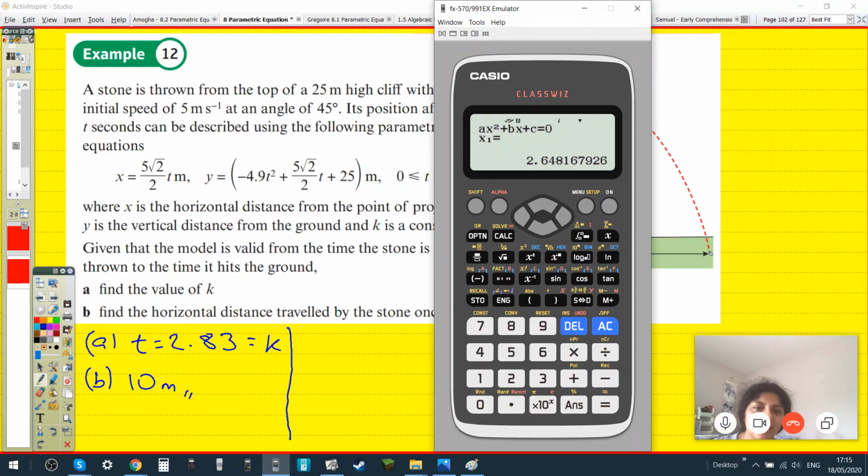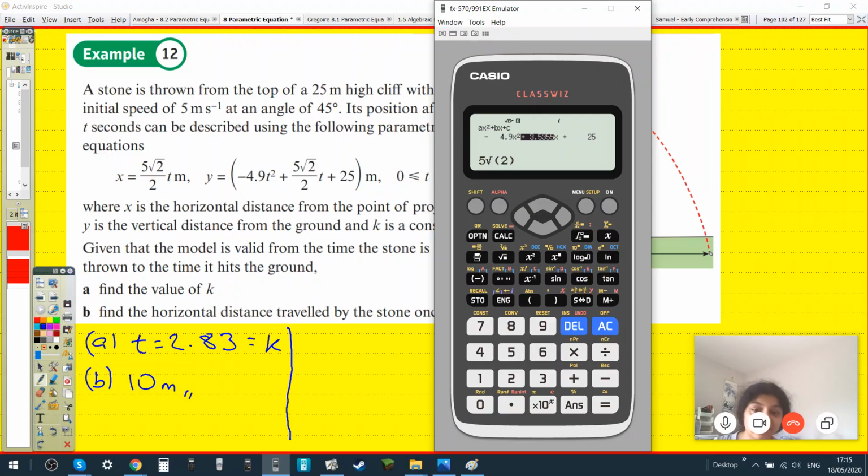But you know the 5 root 2 over 2 on my calculator is showing as 5. I don't know why, even though I typed in 5 root 2. Hang on. So the way I did it was 5 root 2 close bracket. I didn't put brackets. Yep, you still didn't close the bracket.